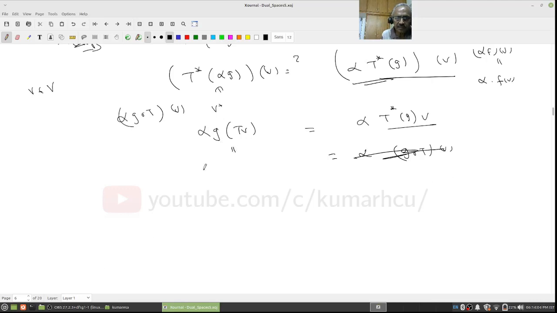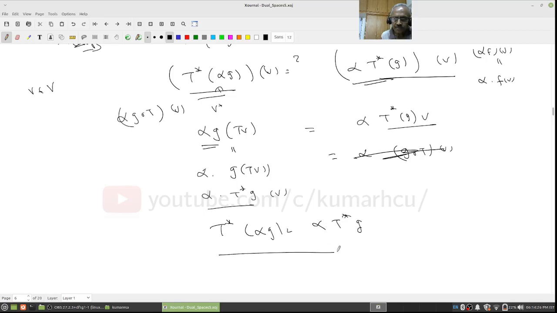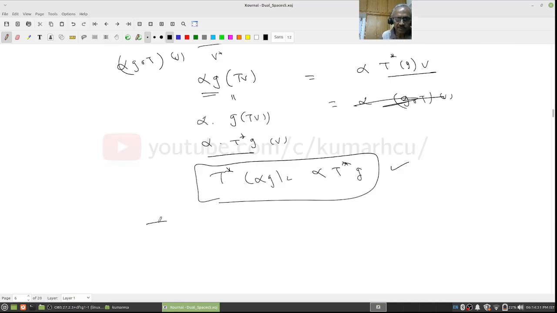But what is alpha G of TV? That is again alpha times G of TV, but this is alpha times T star of G of V. So these two are equal. Therefore T star of alpha G equals alpha T star of G. Therefore T star from W star to V star is linear.